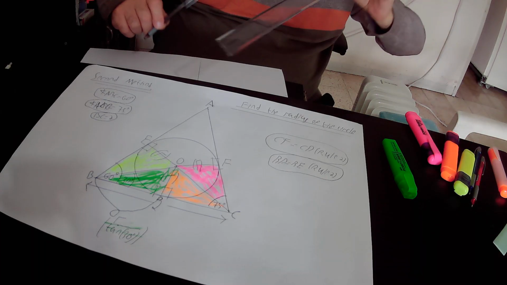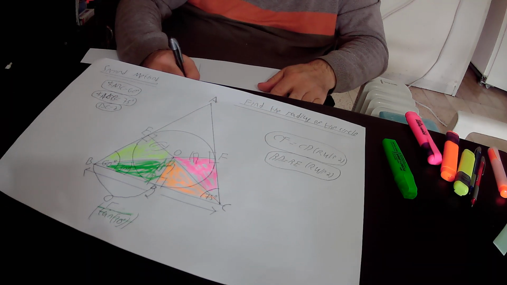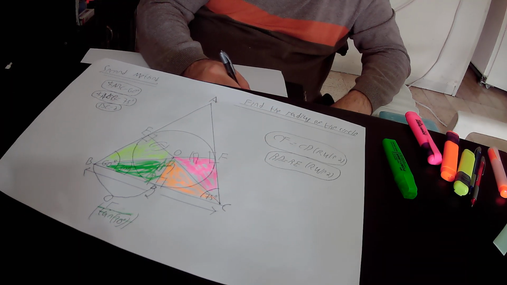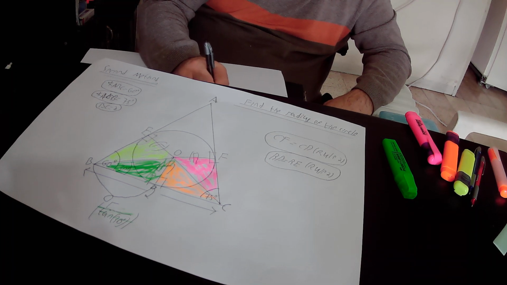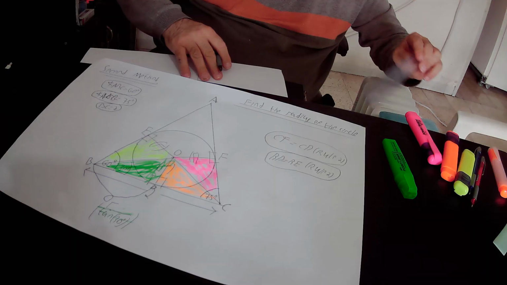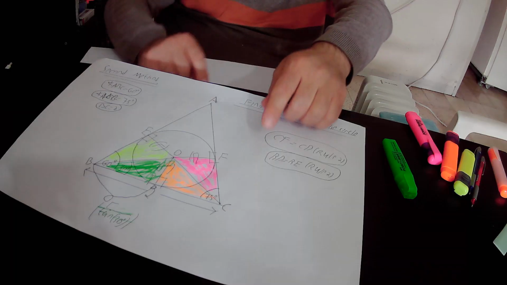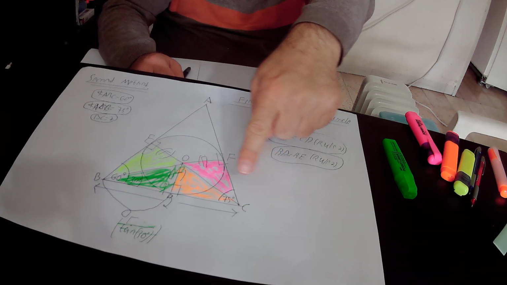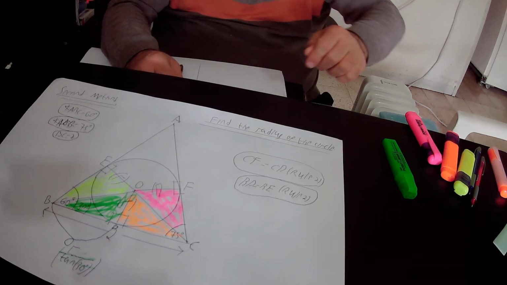I will do it quickly because it is the same process as we did in those two right triangles. OF of the pink triangle equals OD of the orange triangle. In addition, CF equals CD according to rule number 2.